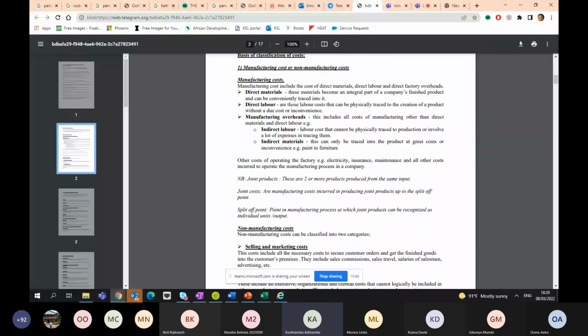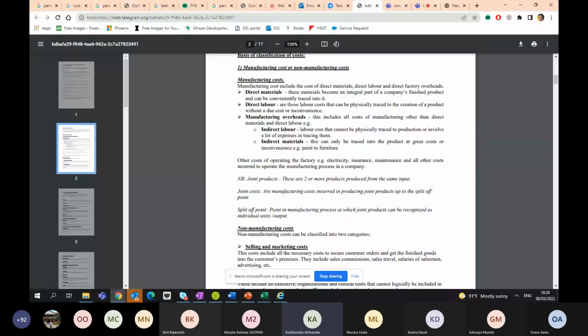What material do you need and what labor do you need? So that is the direct labor cost. Then we have direct manufacturing overhead. Would I still produce what I want to produce? Or if I didn't produce whatever I want to produce, would I still incur these costs? If the answer is yes, then you know that is an overhead.